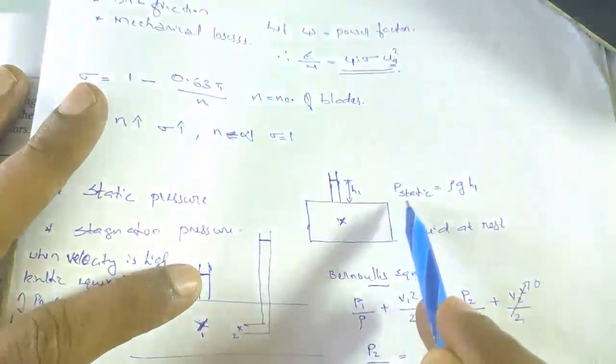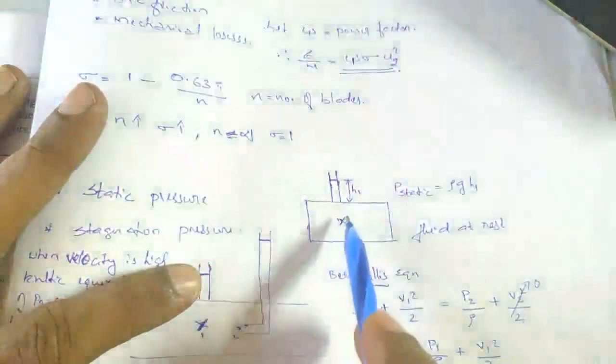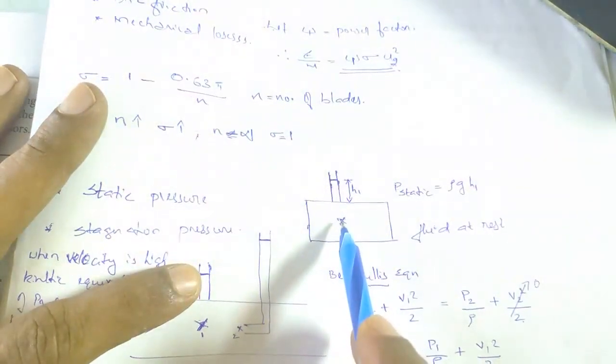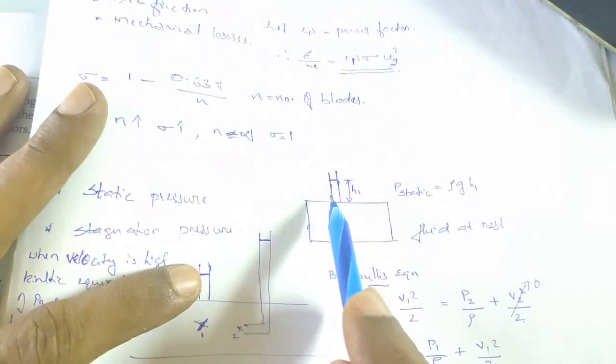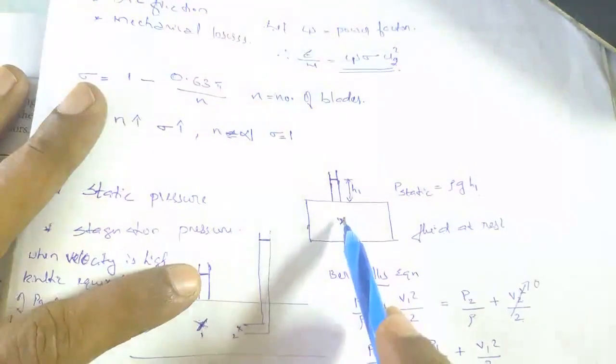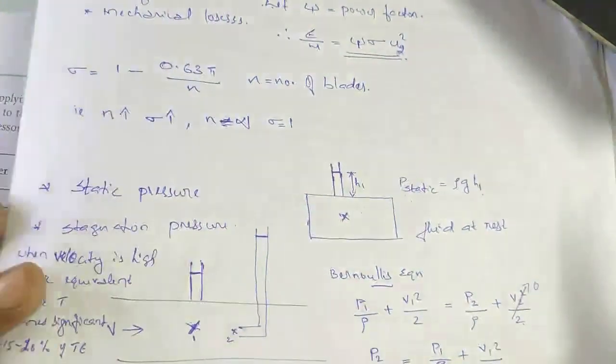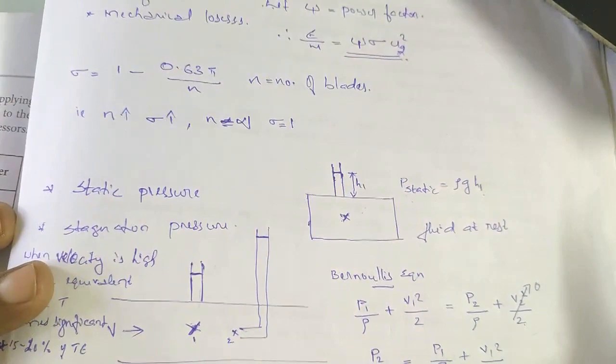The pressure experienced by the fluid at rest at a particular point is known as the static pressure at that point, which is equal to rho gh. H is the height of the point. That is known as static pressure.